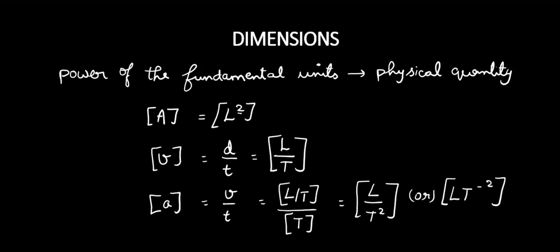If it comes to the numerator part, it becomes negative. So L T power minus 2. So dimension is nothing but the power of the fundamental units which is used to denote the physical quantities, and it is called dimensions.